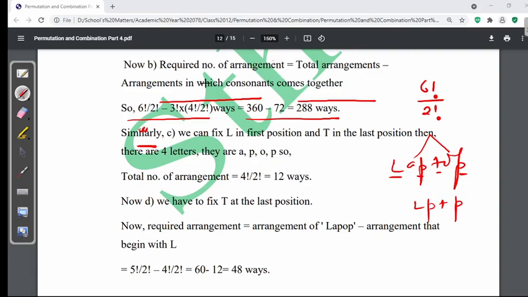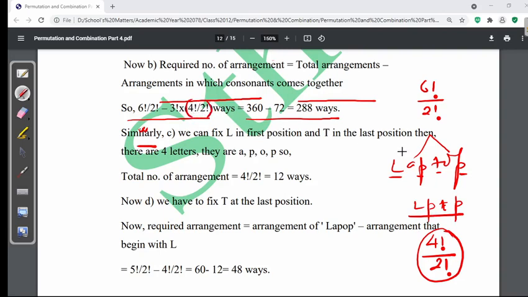When we have to find the consonants not coming together, but here the consonants come together, we have to subtract. So here you can see 4 letters can be arranged into 4 factorial by 2 factorial ways.